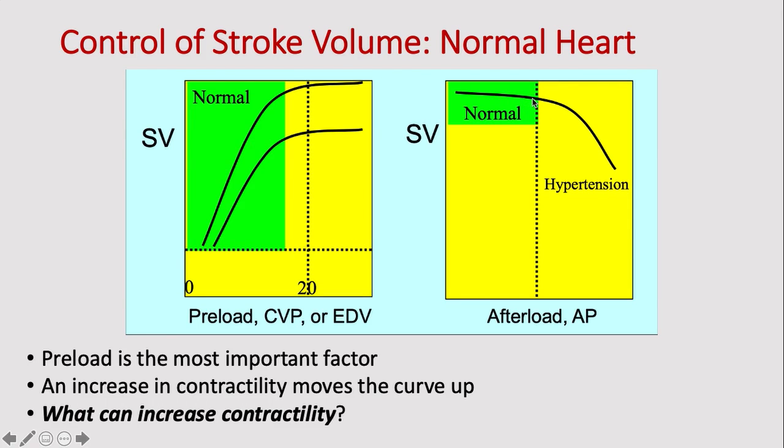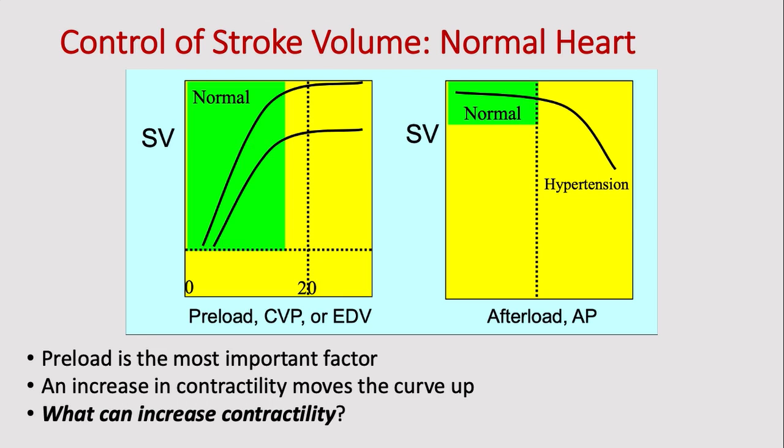At 150, your stroke volume's starting to decrease a little bit, but your heart's compensating for it. Okay, as the afterload, or that blood pressure, goes up, 160, 170, 180, 200, you can see the stroke volume will significantly decrease when the afterload, or that pressure pushing back against you, increases, right?